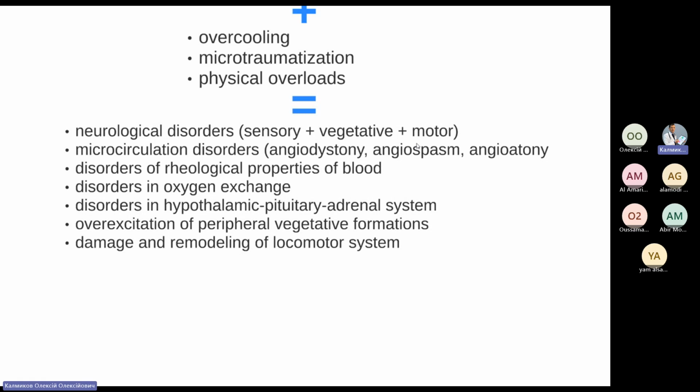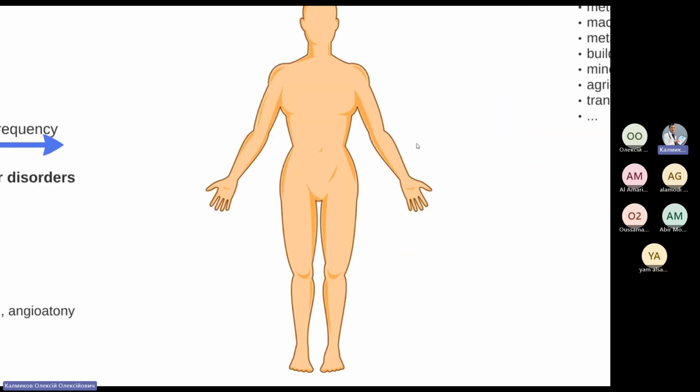This remodeling itself is compensatory. It is adaptive until it results in pathologic, expressed remodeling that leads to dysfunction in this person. I'll show you on the later slides what exactly happens.